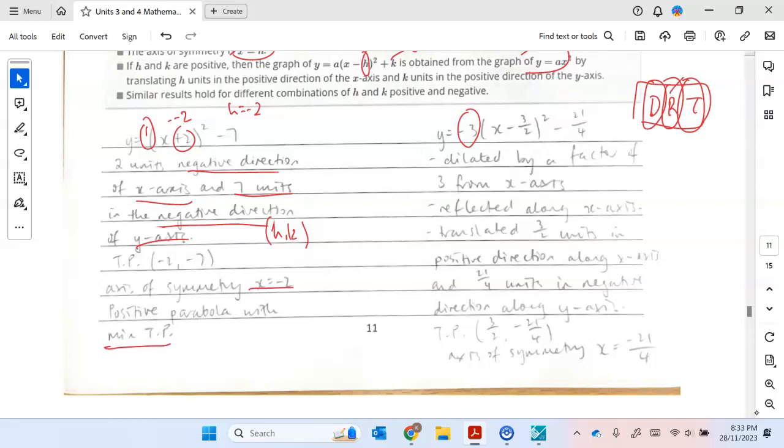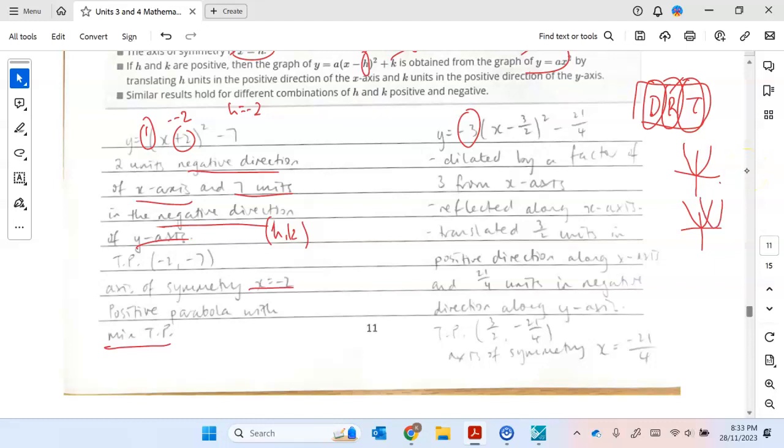When you think about a parabola, here's a parabola. If it's been reflected first along the y-axis, it actually stays the same. Then if it's been translated along the x-axis, it's going to go to there.